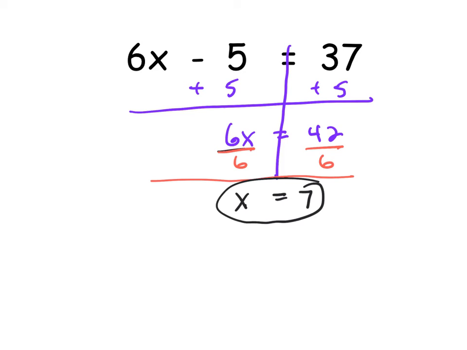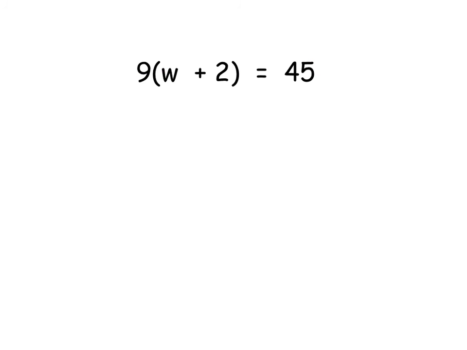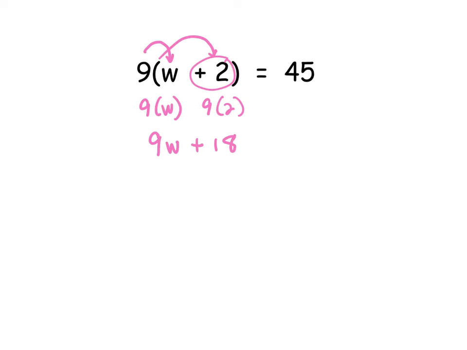Let's go on to our third equation. What is the first step of solving this equation? We want to distribute the 9 to both terms inside the parentheses. So this would leave us with a two-step equation of 9w equals 45.